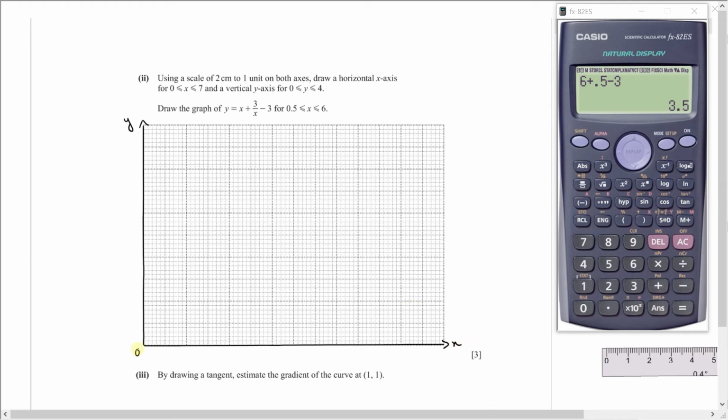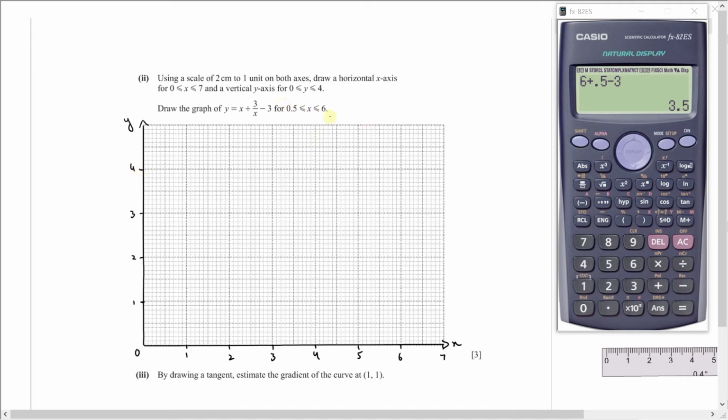This is my 0 value, 1, 2, 3, 4, 5, 6, and 7. And similarly, 2 centimeters representing 1 unit on the y-axis as well, up till 4.